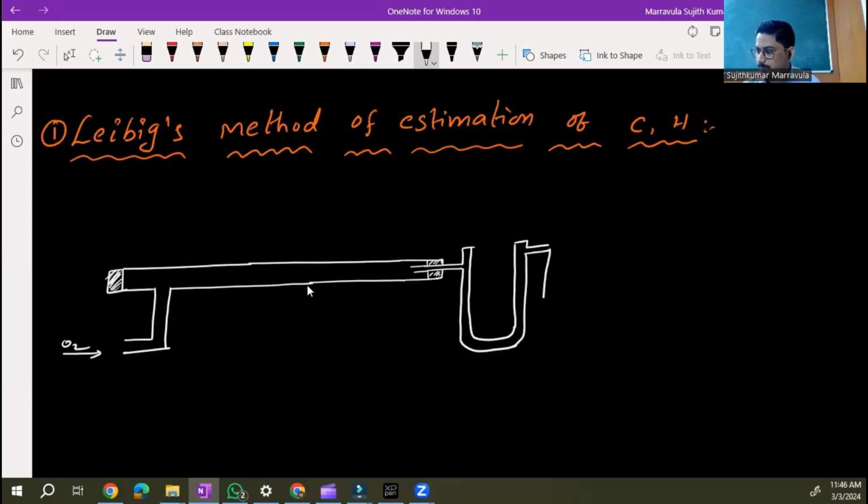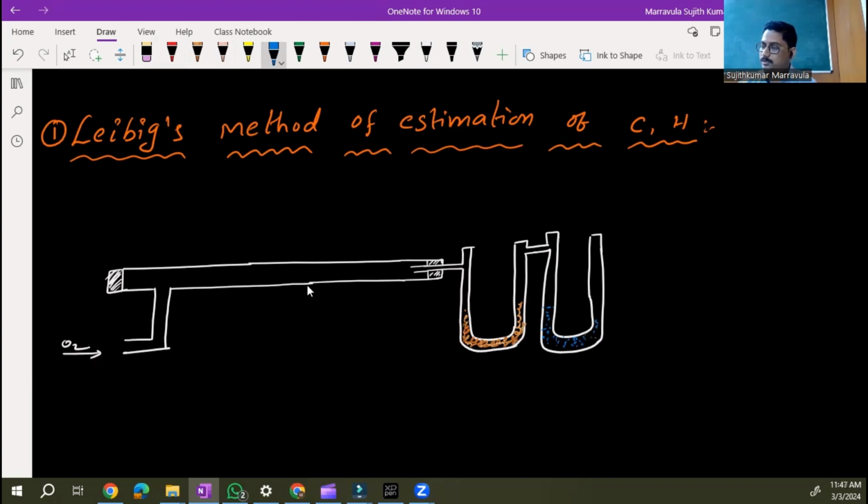This is the experimental setup. In one tube we have to take anhydrous calcium chloride, and in the other tube we use KOH.